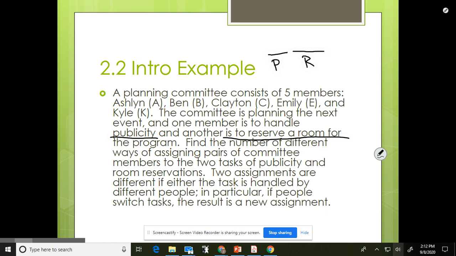I have 5 people. Let's say Emily is who we select. That means she can't be on reserve a room, so she's out. So I have 4 left. 5 times 4, 20 wins. It's a lot like what we're going to be doing in this section.